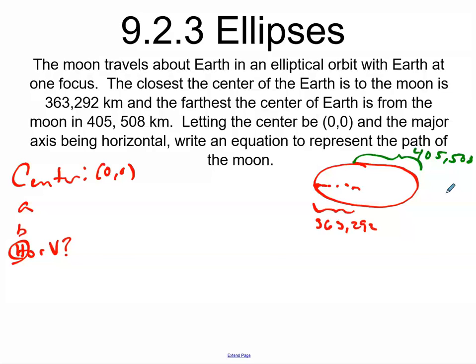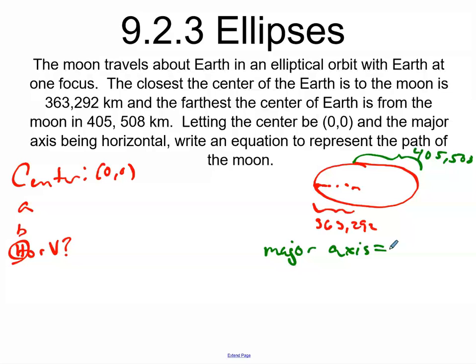So with that together, what we can decide is that the major axis is equal to those two parts added up: 405,508 plus 363,292.